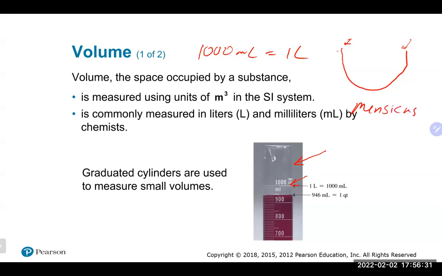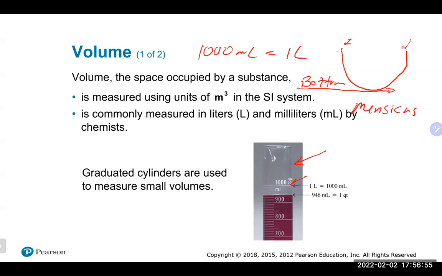Whenever you take a volume reading, you should always read it from the bottom of the meniscus. Sometimes it's easy to see the curvature, and sometimes you can barely see it, especially with glass that has a really big opening and spreads out.